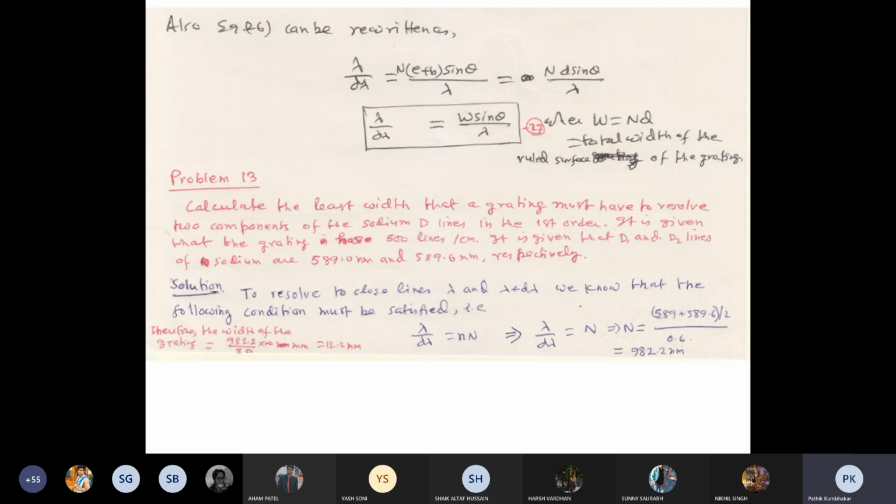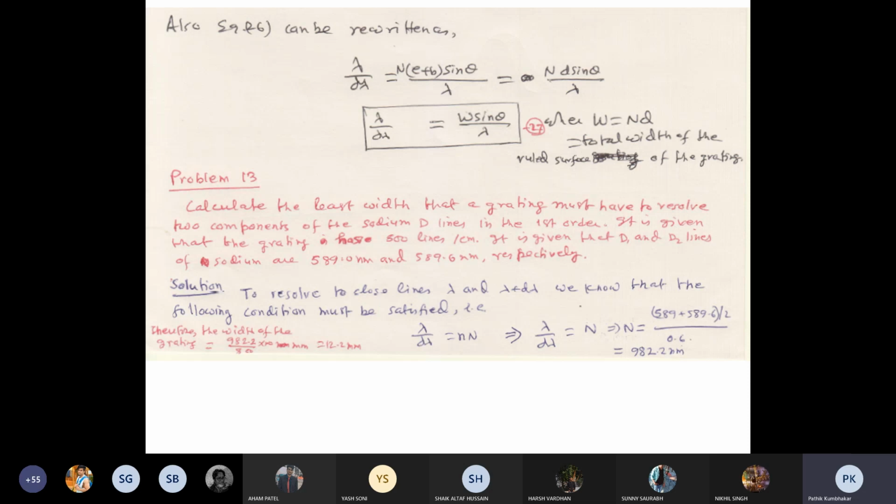N equal to 982.2. This is not in nanometer, I am sorry, there will be no unit here because this is a number. So I am sorry, this is a mistake.